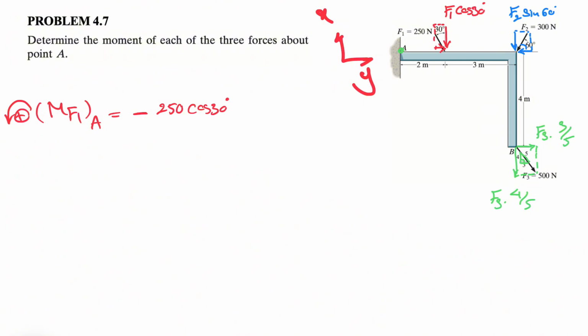And the distance that we have is the distance from the point that we are finding the moment about to the line of action. This is the line of action, so the vertical distance is what we have for 2. So basically 500 cosine of 30 is going to give us the moment of F1.